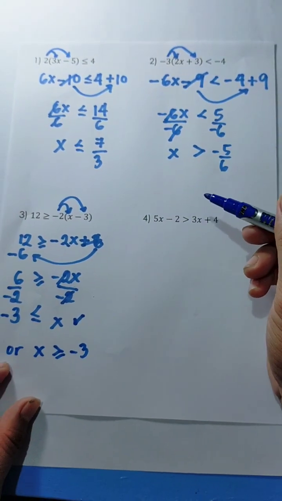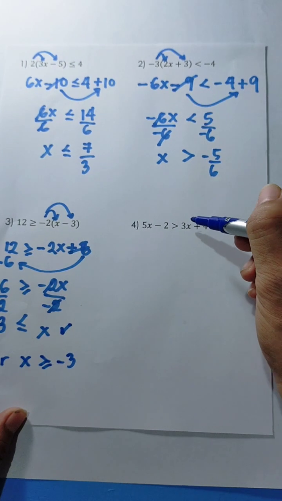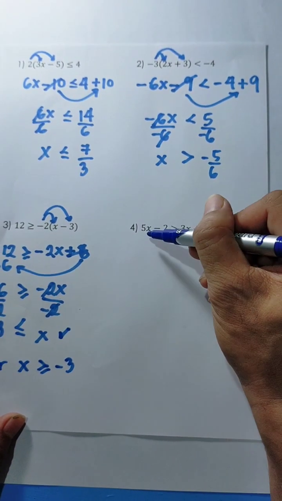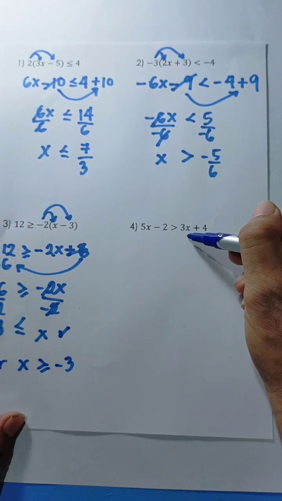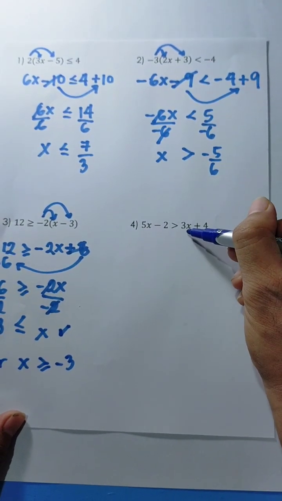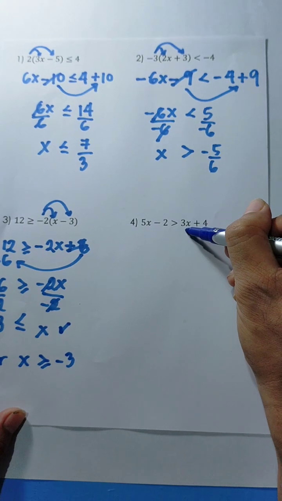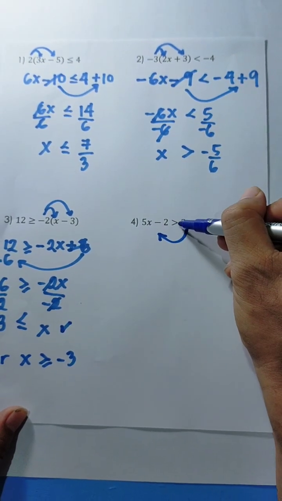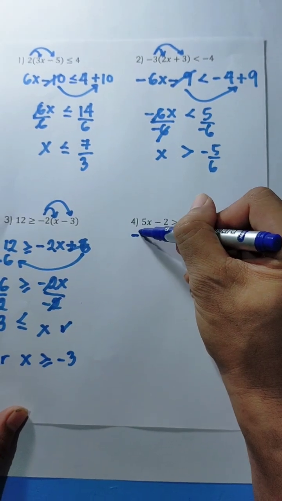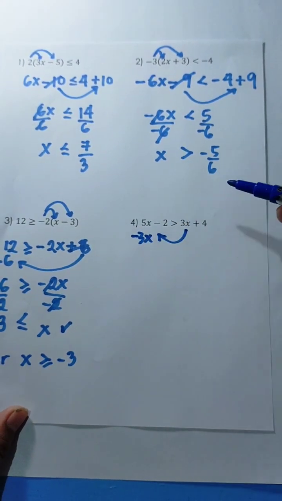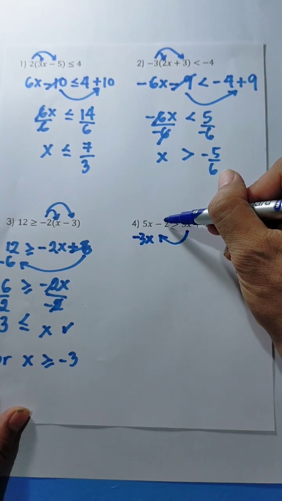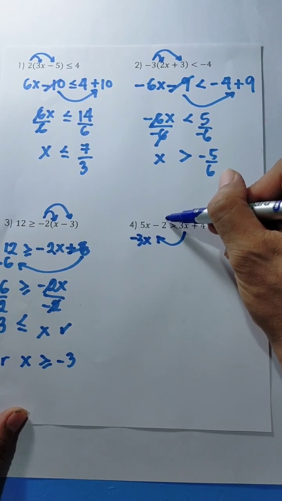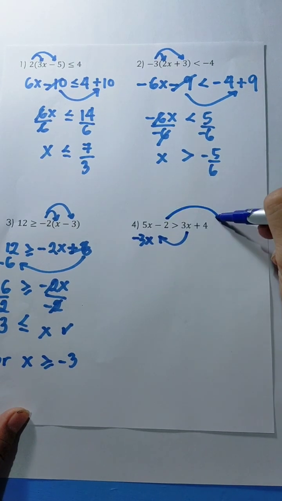Next number. We combine like terms. Okay, we combine the terms that have x. So we move our 3x to the left. This is positive, so it becomes negative 3x. We move our negative 2 to the right.